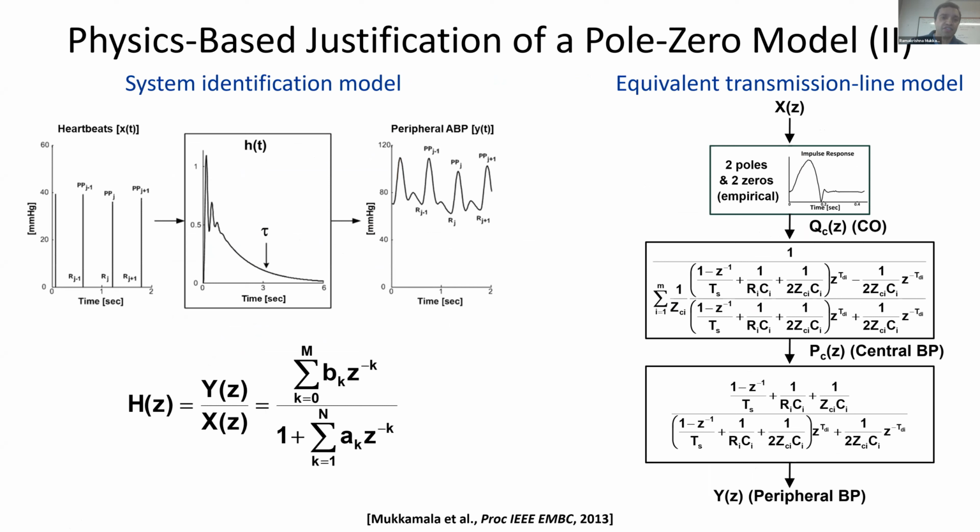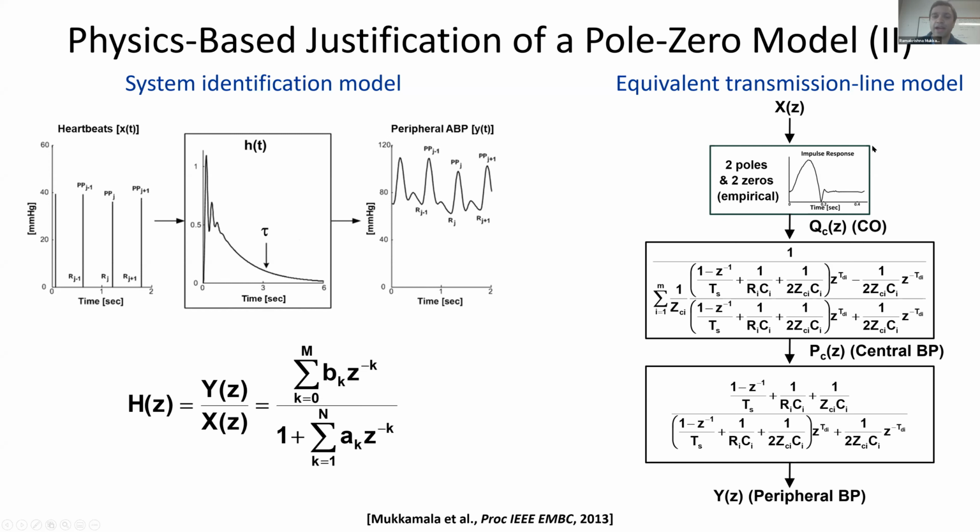So the method again assumes that the arterial blood pressure waveform arises as an impulse train input convolved with a pole-zero system. This system can be thought of as a cascade connection of three transfer functions relating the impulse train to the total blood flow rate or cardiac output, the cardiac output to the central blood pressure, and the central blood pressure to the peripheral blood pressure.